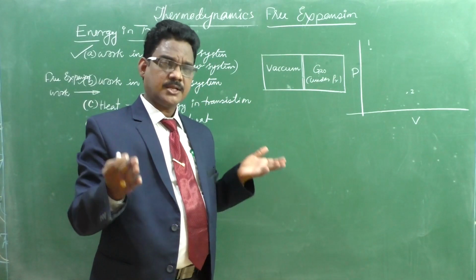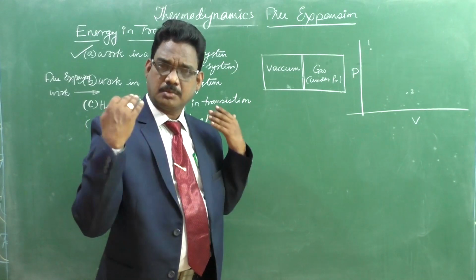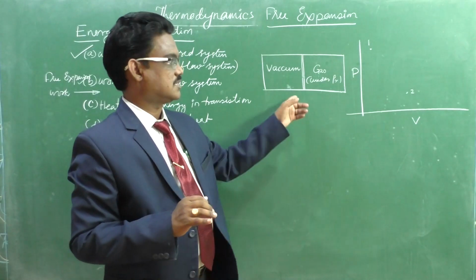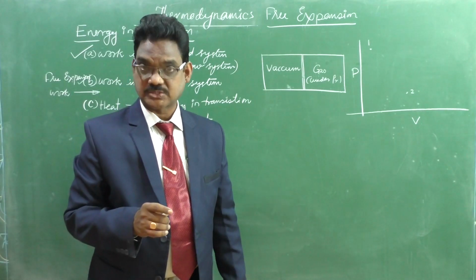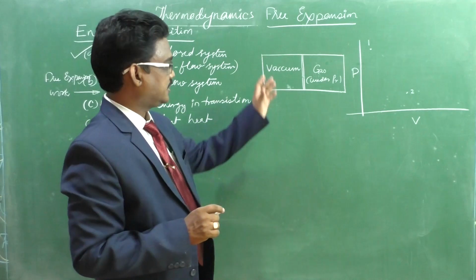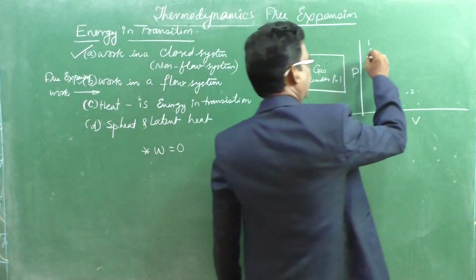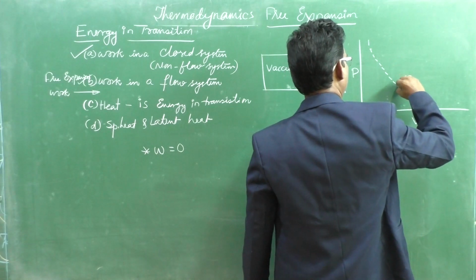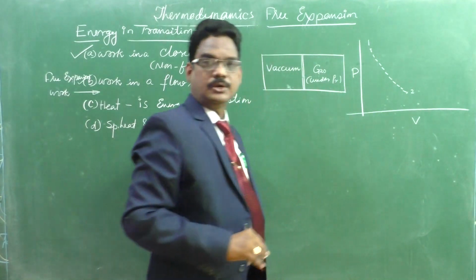When it undergoes a series of thermodynamic equilibrium conditions, then we can say it is a quasi-static process, but it is not a quasi-static process. That is the reason the free expansion process we always need to show with a dotted line only.